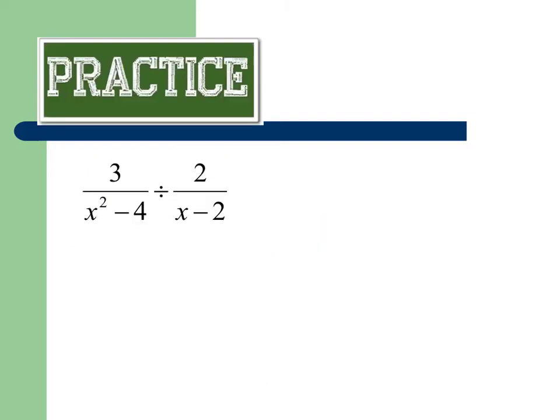Alright, let's look at another. Again, we'll start with our first step. If you'll go ahead and write this one down, see if you can do it on your own first before I do it. You can pause your computer and see if you got it. So 3x² minus 4, switch, flip.